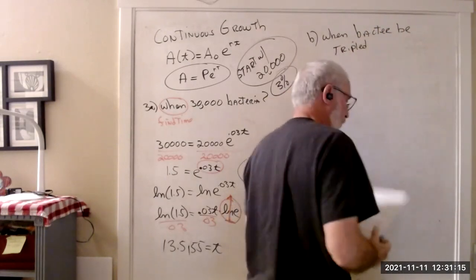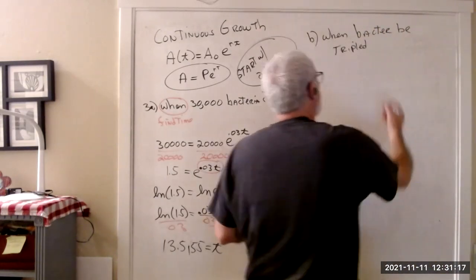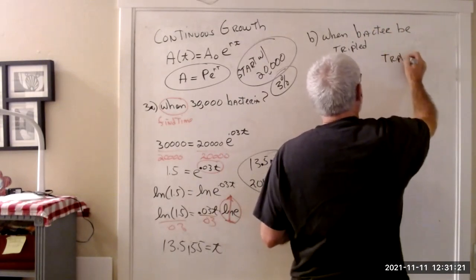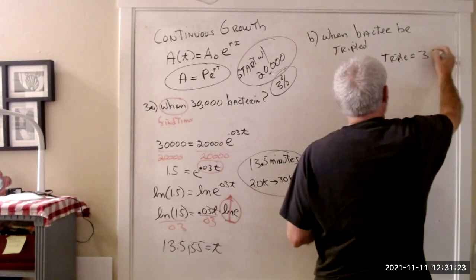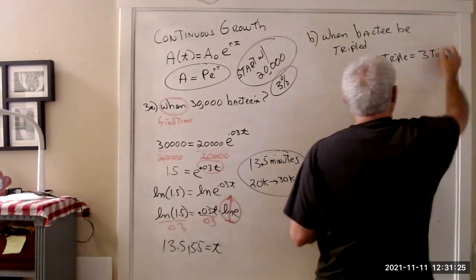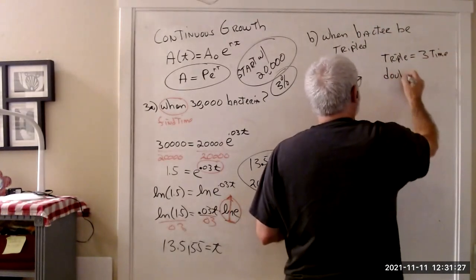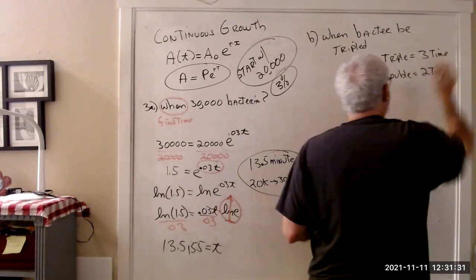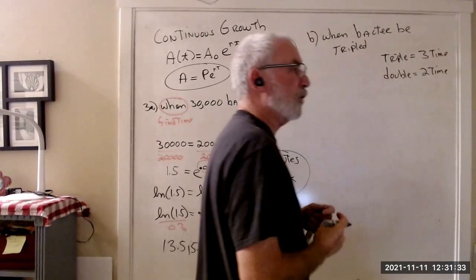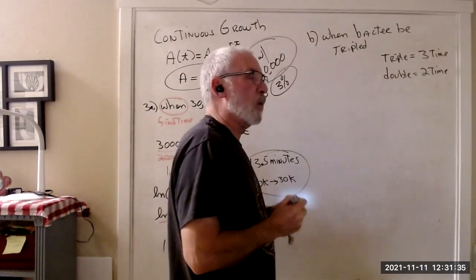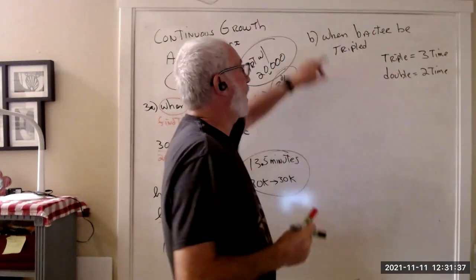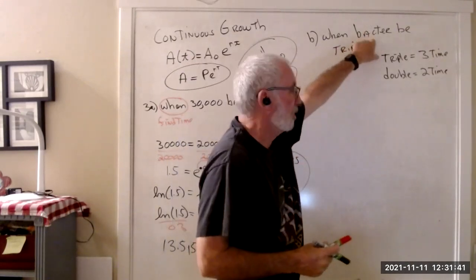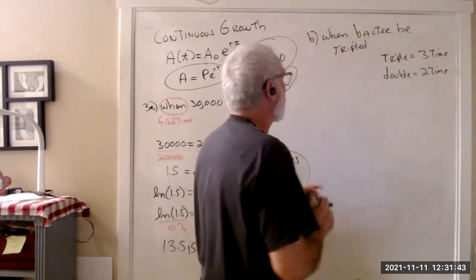Now, for English, triple means 3 times. Double means 2 times. So we ask this a lot. When will the number of bacteria, which I didn't spell very well up here, be tripled?